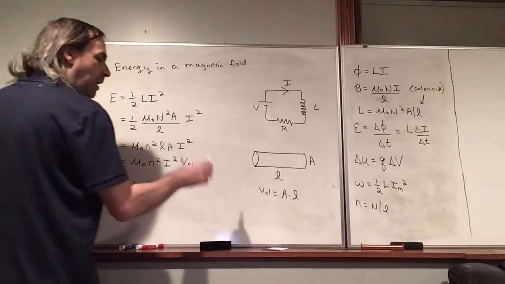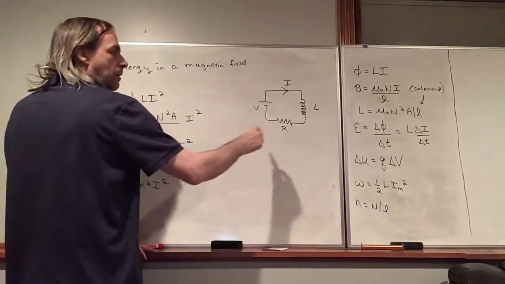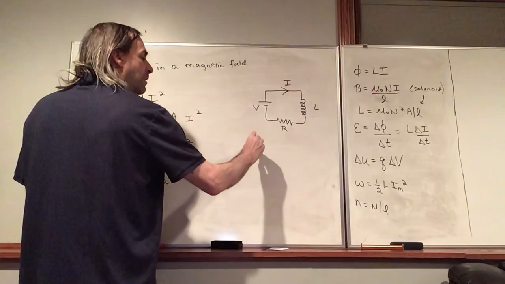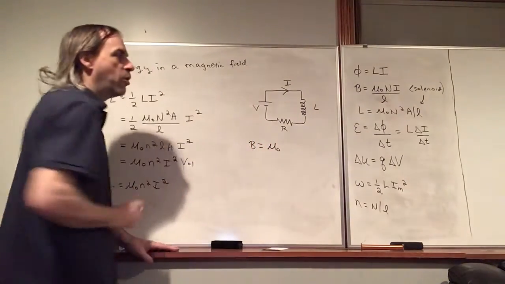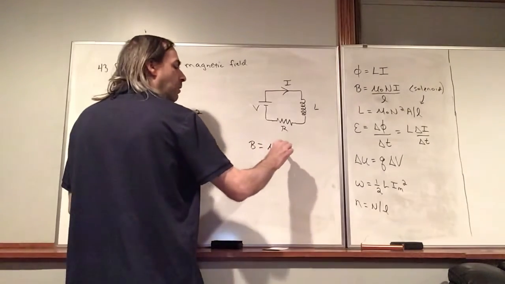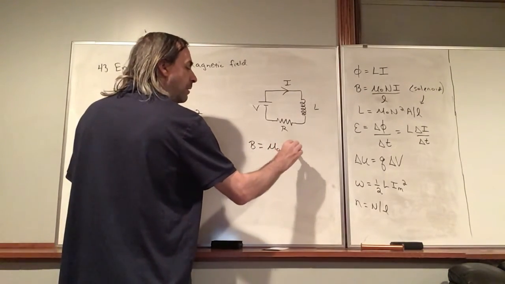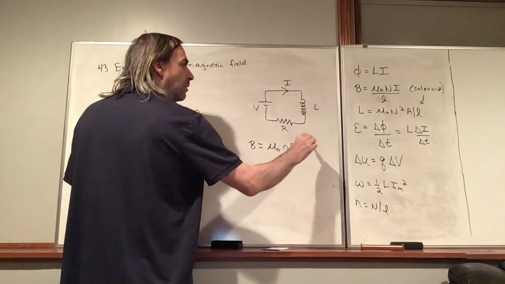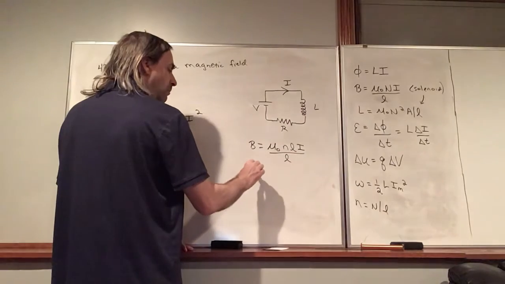So here, we erase this. So again, the magnetic field in a solenoid is mu naught. I'm going to convert this to big N is little n times L times I divided by little l.